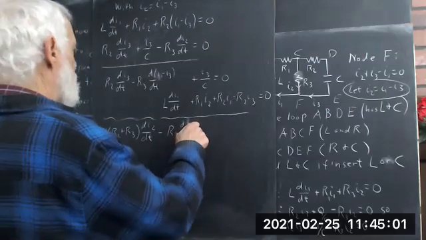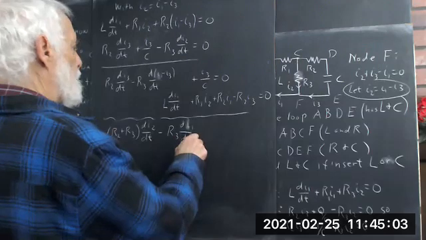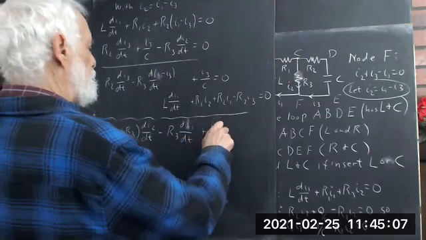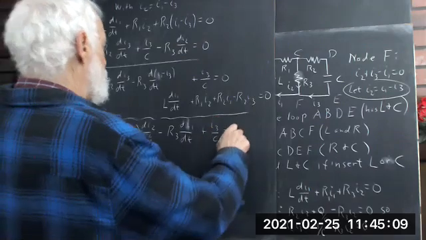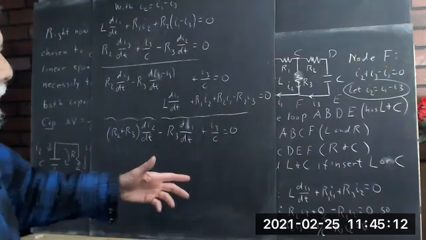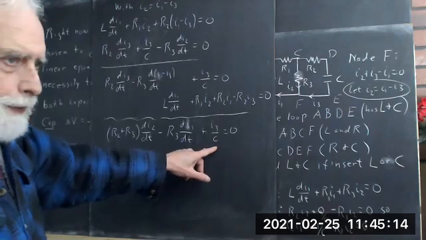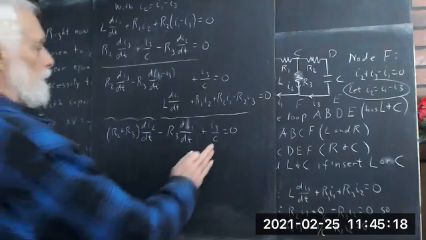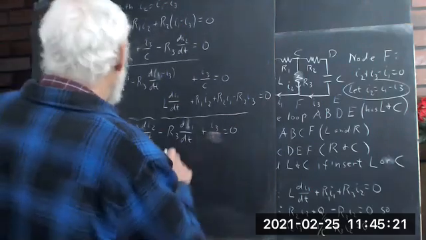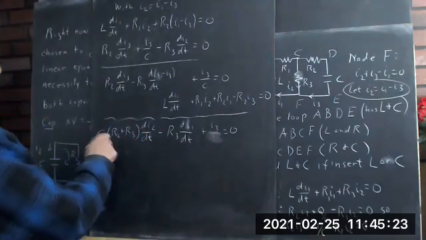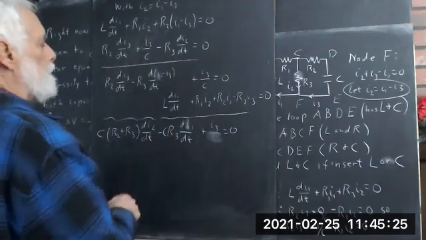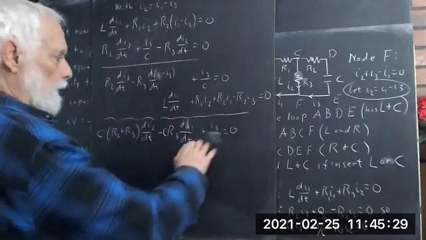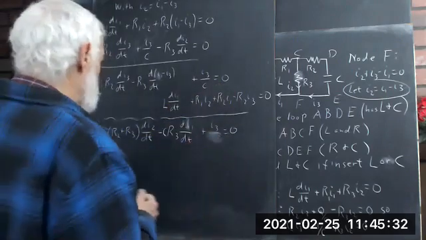Lowercase i. Okay. Now often we'll multiply through by the C here because denominators are a pain. So I'm going to do that. So that's what we get if we simplify this equation the way we ultimately want to write it.